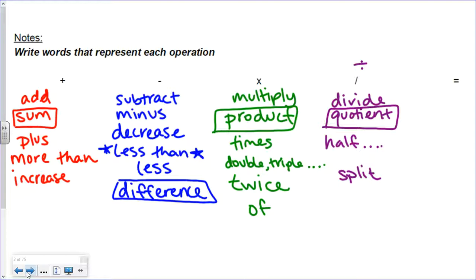The last one is not an operation, but what is that symbol? Equals. Give me some words that mean equals. Same as, or just same. What else? You could put equals to if you want on the end of that. Got at least one more. 2 more, actually.